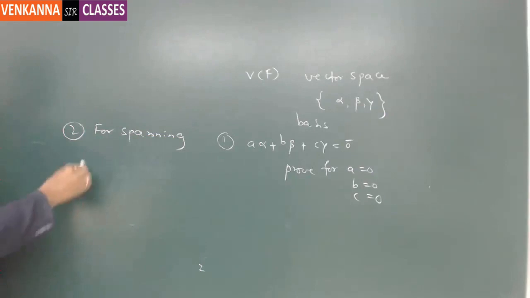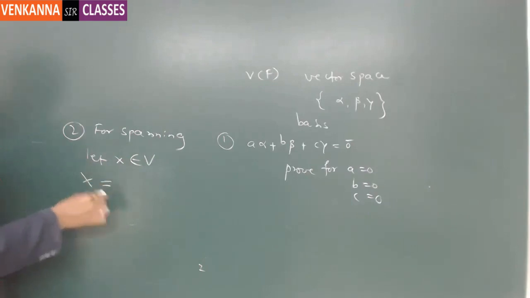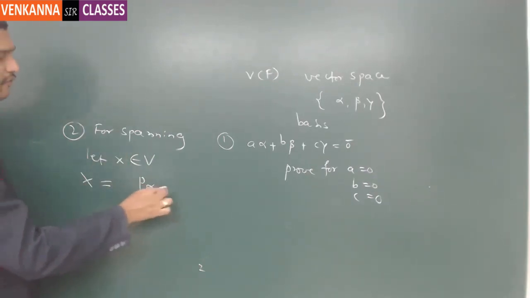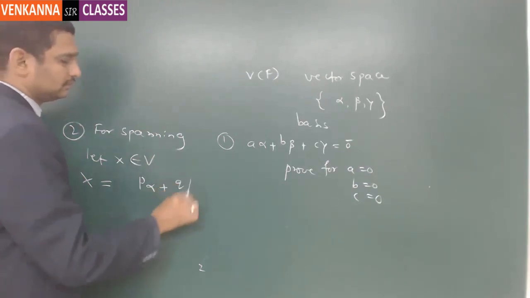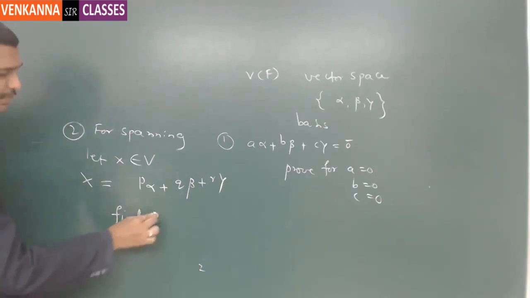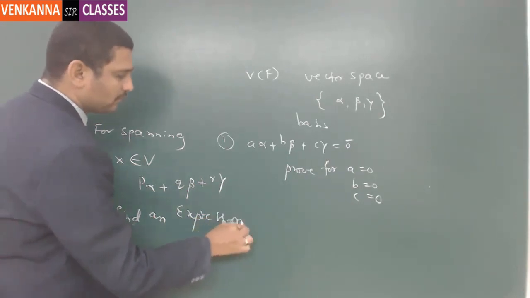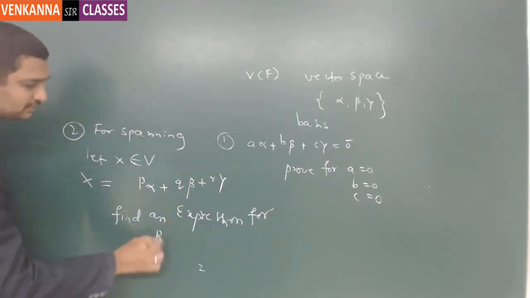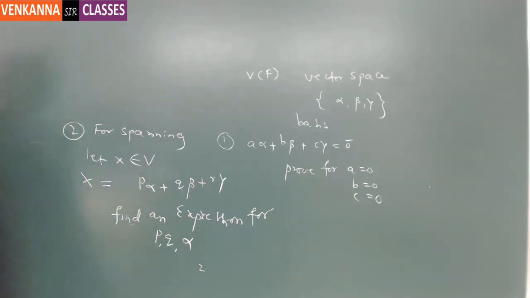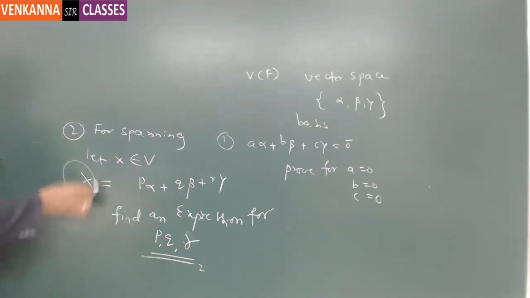And second one, for spanning, you take any vector in V and write a linear combination using the given vector set. Now you need to find an expression for the scalars P, Q, R such that P, Q, R have an expression in terms of the coordinates of this.